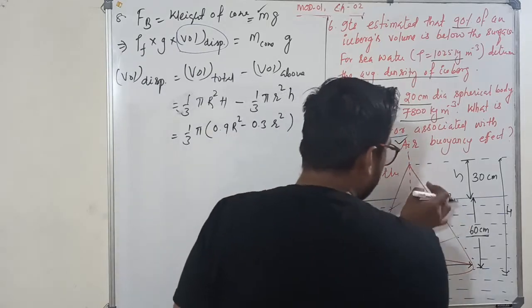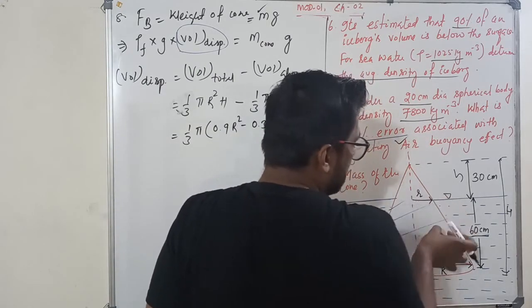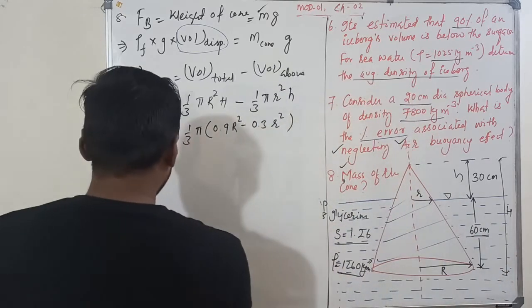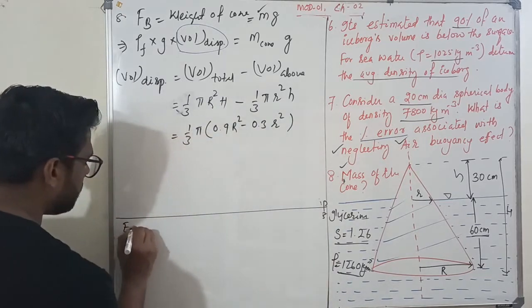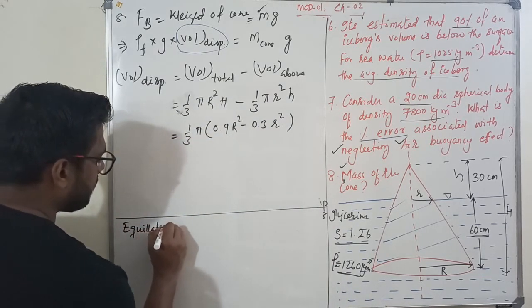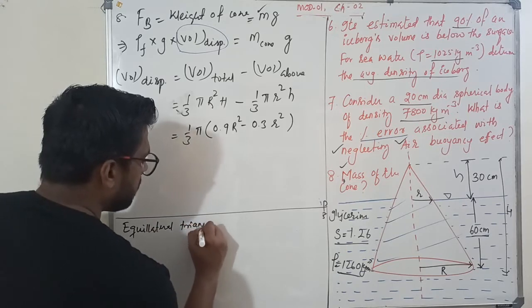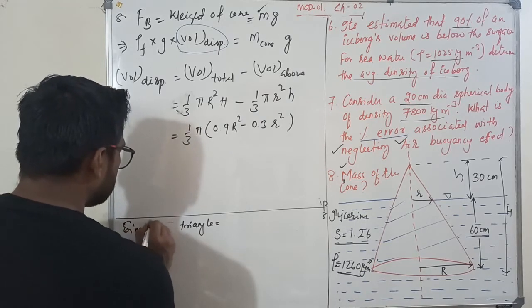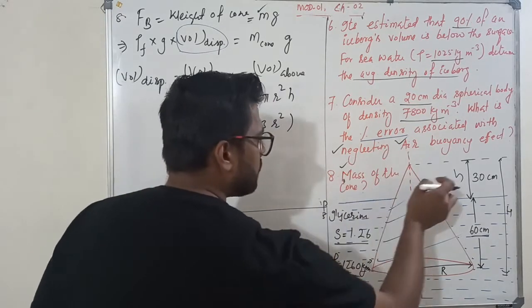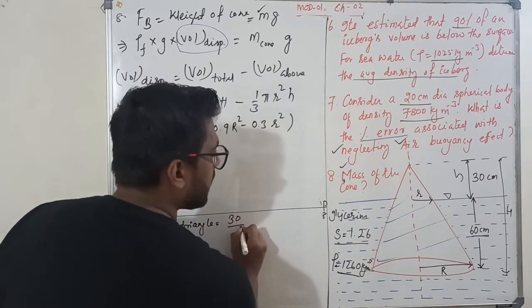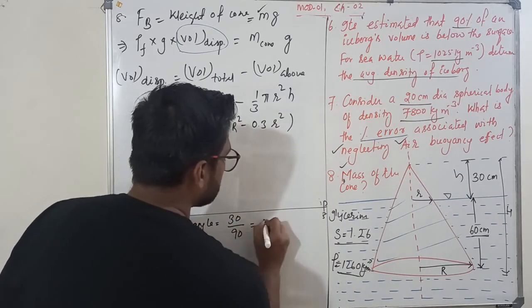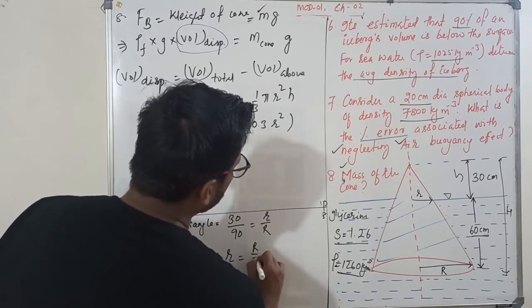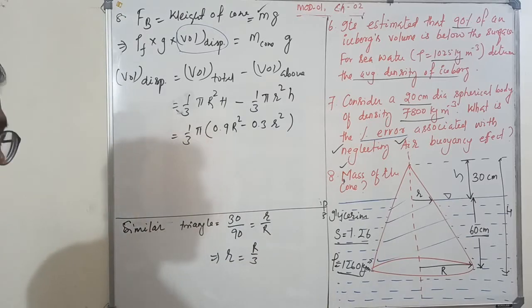If you take the similar triangle, 30 divided by total 90 is equal to small r by capital R. So small r equals capital R by 3. It is very simple. You understood?